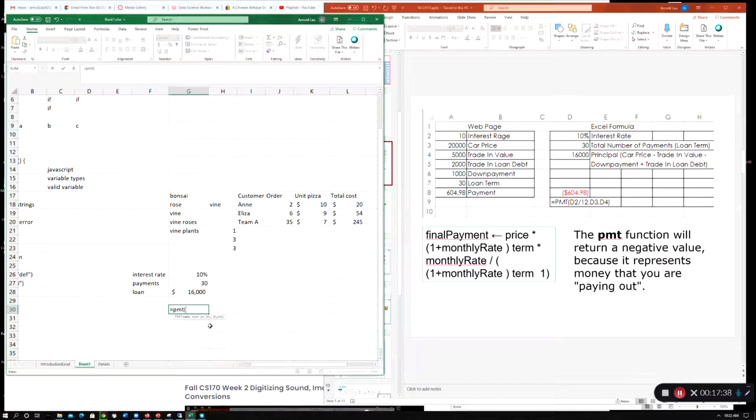All right, so we want the rate, so let's get the rate. Now, one thing to note here, when we talk about the rate, 10% is the 10% for the whole year, right? So usually when you think about interest rate, I'm telling you 10% a year, it's an annualized rate.